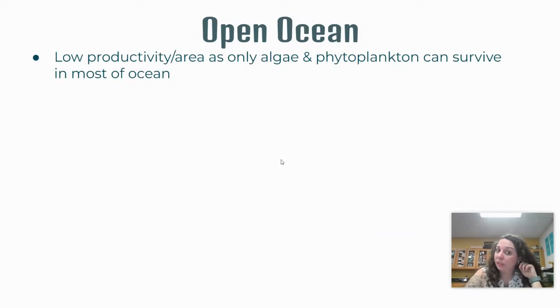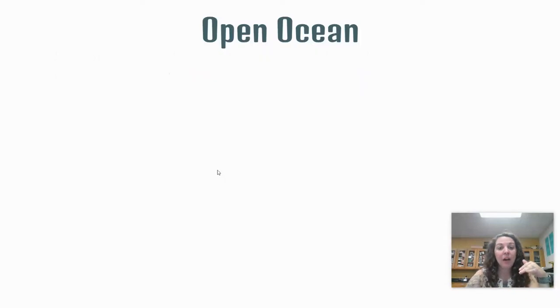Okay, the open ocean. The open ocean has very low productivity per area because only algae and phytoplankton can survive in most of the ocean. So when I say per area, if we were to take 1 kilometer of ocean and compare it to 1 kilometer of other biomes, it's going to be much less productive.